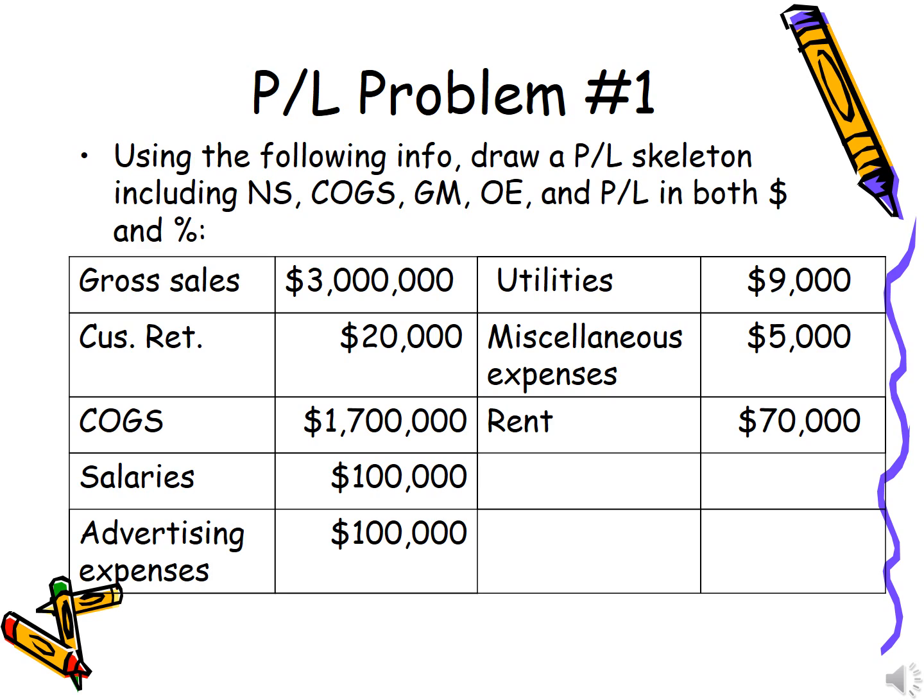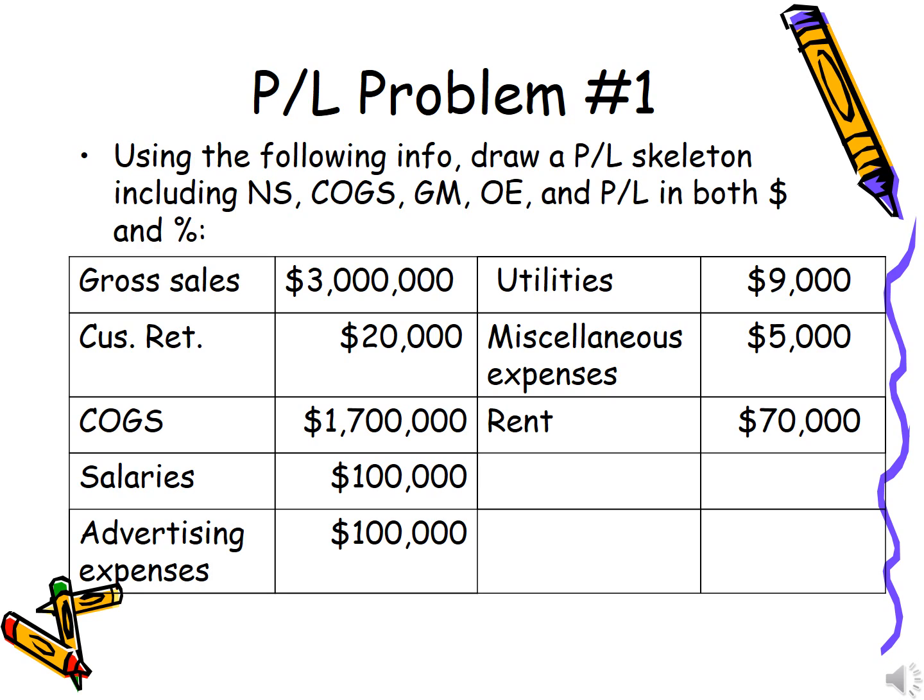Let's see which pieces of information go to net sales versus cost of goods sold or operating expenses. Here gross sales are given. Gross sales is an element of the net sales calculation, right? Customer return is again an element of the net sales calculation. We know net sales is gross sales minus customer returns.